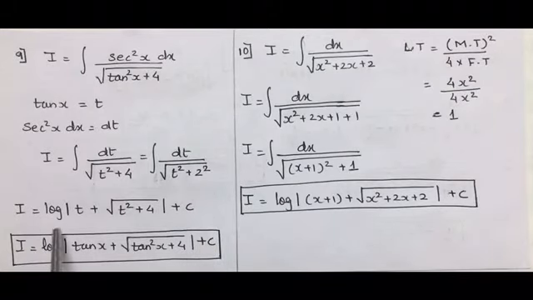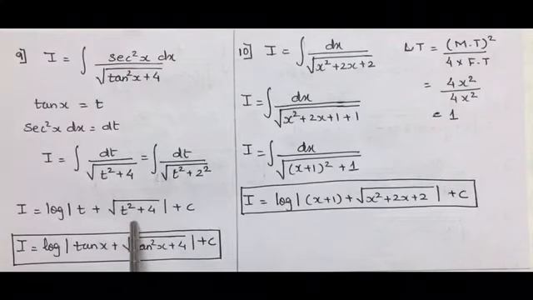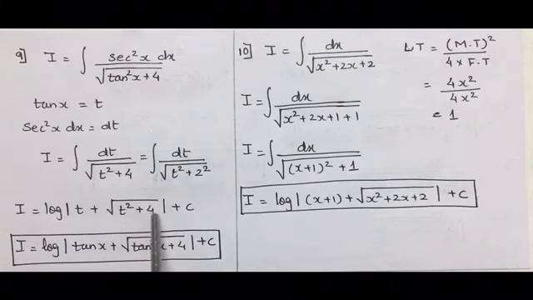The standard integration is log of x plus under root x square plus a square. So instead of x we have t, so log of t plus under root, whatever the quotient is there, that only is to be kept here, root of t square plus 4 directly from here, plus c.